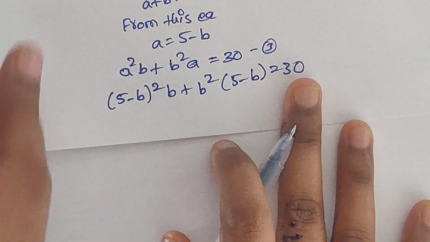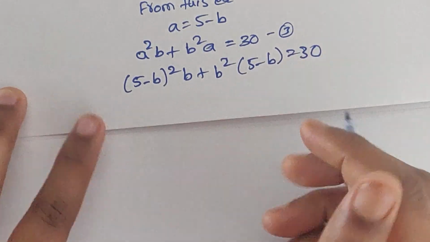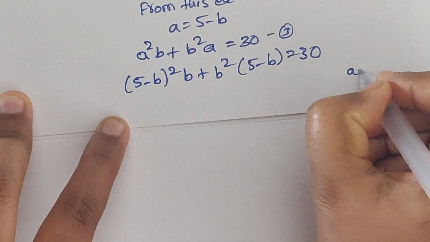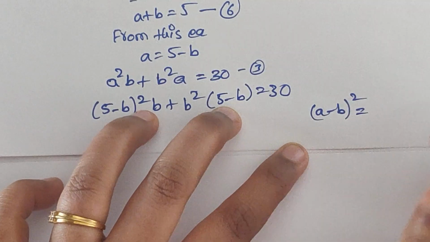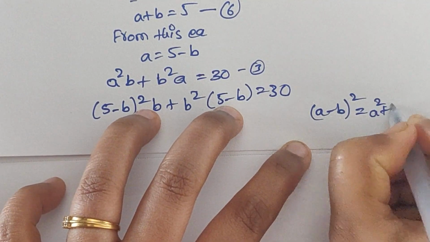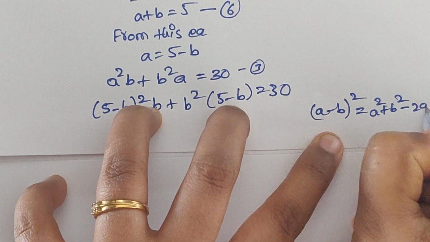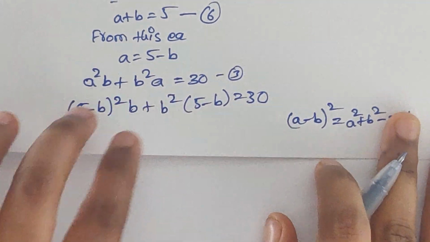Okay, so now we know that a minus b whole square equals a square plus b square minus 2ab. Okay, so use this formula.